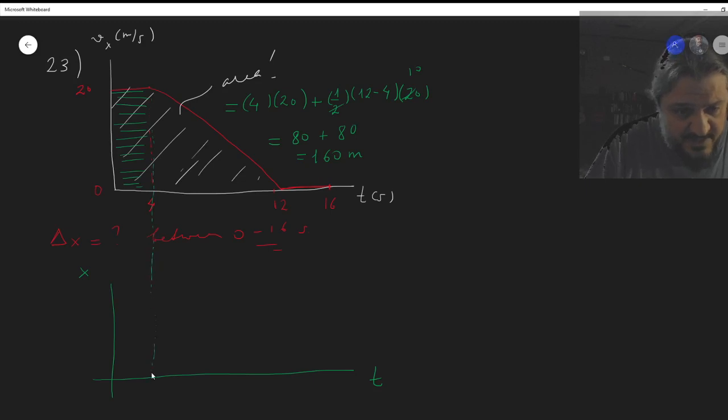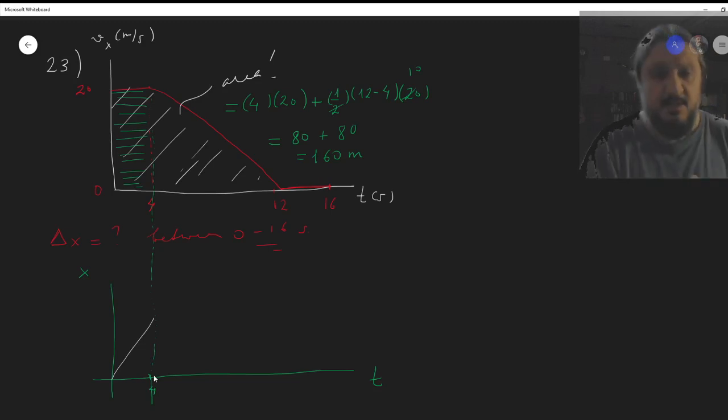So the times match. Okay, this is 4 seconds here. Now x has to increase in a steady manner. Why? Because I know that the slope of the xt plot gives me v, right?